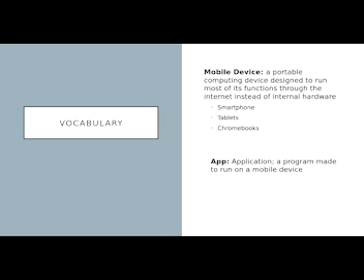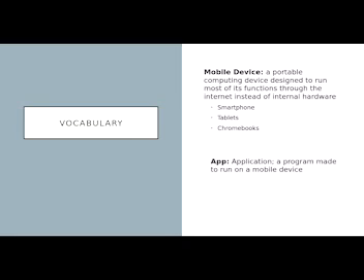All right, so the first thing I'm going to do is go over a little bit of vocabulary that I'm going to be using throughout the presentation, just to make sure that everyone is on the same page and can follow along. Your Chromebook is a mobile device. What is a mobile device compared to a computer?